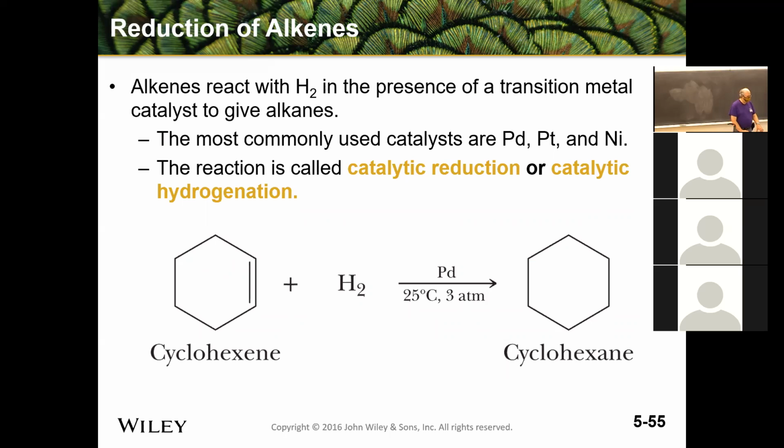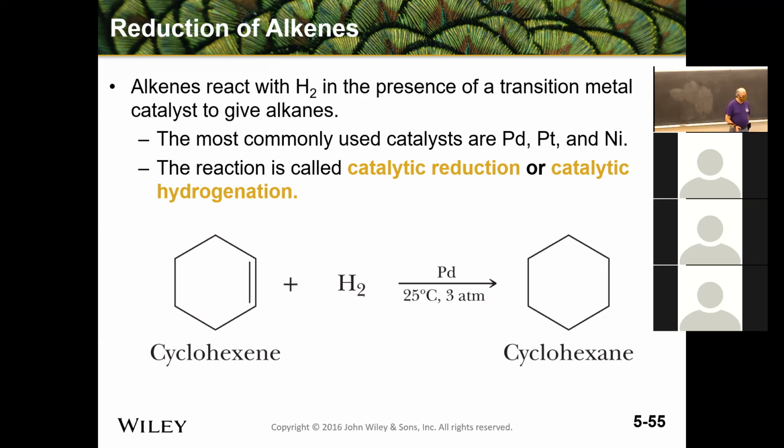We're adding 2 hydrogens, 1 to each side of the alkene, and our product then has no double bond. The addition of hydrogen to an alkene actually has a prohibitive activation energy. It doesn't take place at a reasonable rate at room temperature.